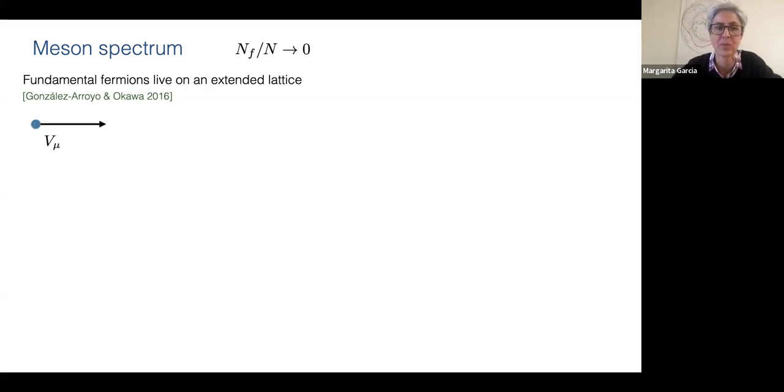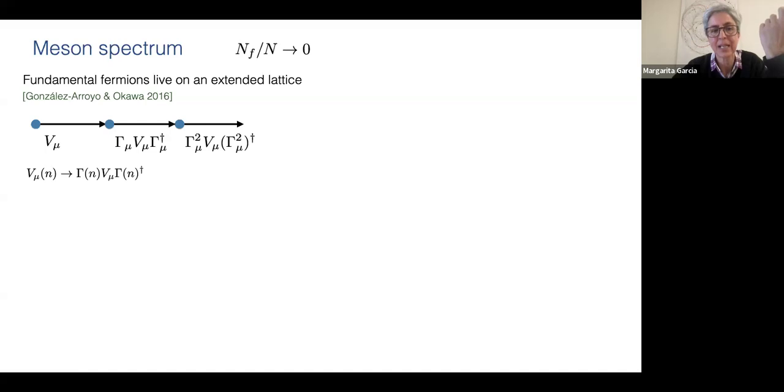So this is what Tony and Masanori have done. For instance, if you start with the link in the plaquette, I mean the one plaquette lattice, and you apply the boundary conditions, you can construct any Wilson loop, okay, doing this. So the trick is basically to replace the independence of the links by this kind of game, where you insert these matrices that I have told you before can be constructed out of the gamma mu's.